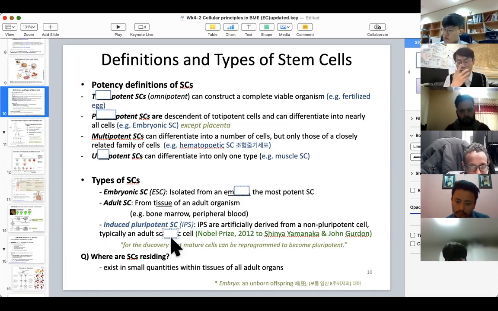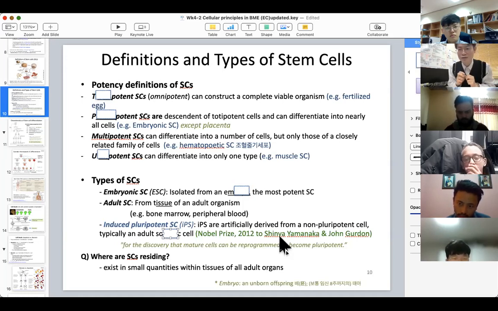Why I discuss this with you is, this discovery is by Shinya Yamanaka from Japan. His idea is, can we take an already differentiated cell and put it back to the stem cell stage by devising clever ways of giving, like, four transcription factors to reprogram the cell to become a pluripotent stem cell?